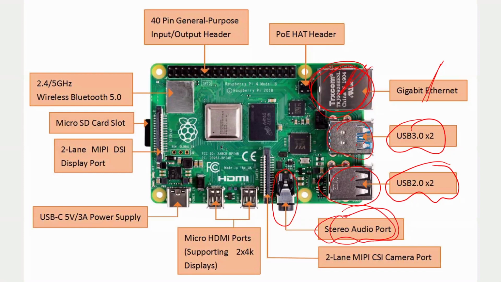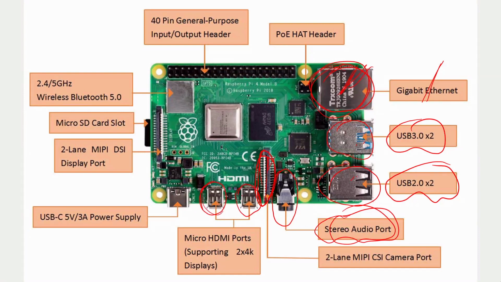Similarly, if you want to read any data or image from a camera, you can connect it here. That is called the camera port. As I told you, they have given two different micro slots for HDMI.